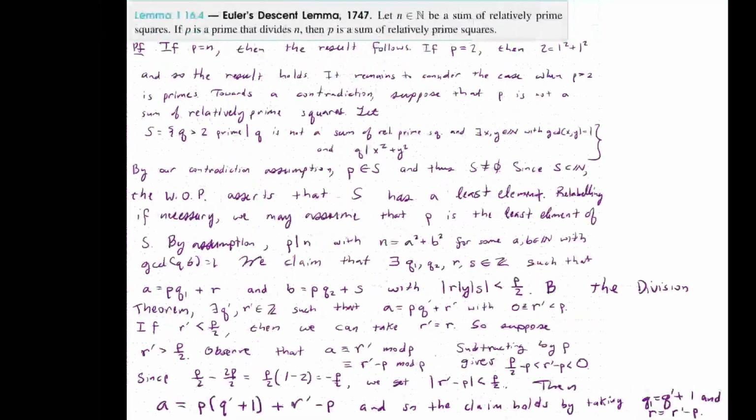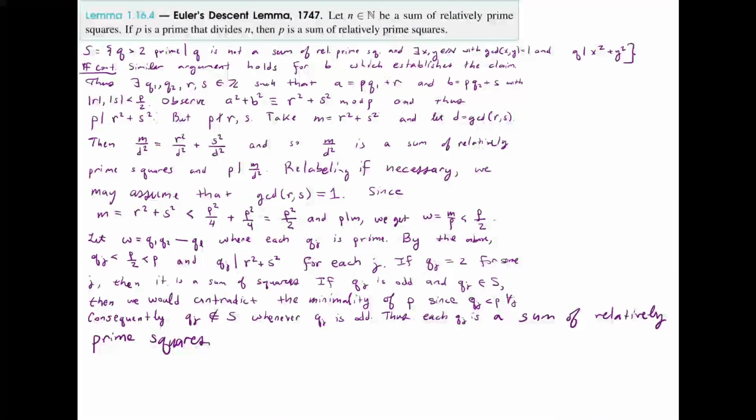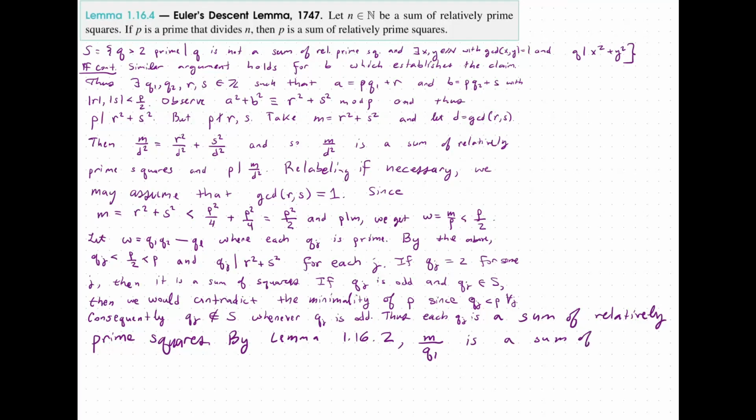So this is by lemma 1.16.2. So by lemma 1.16.2, we will have the following, that m over Q1 is a sum of relatively prime squares.